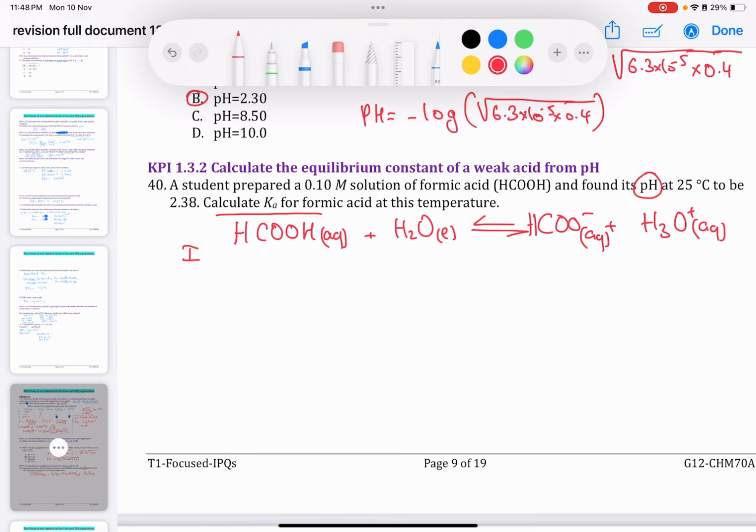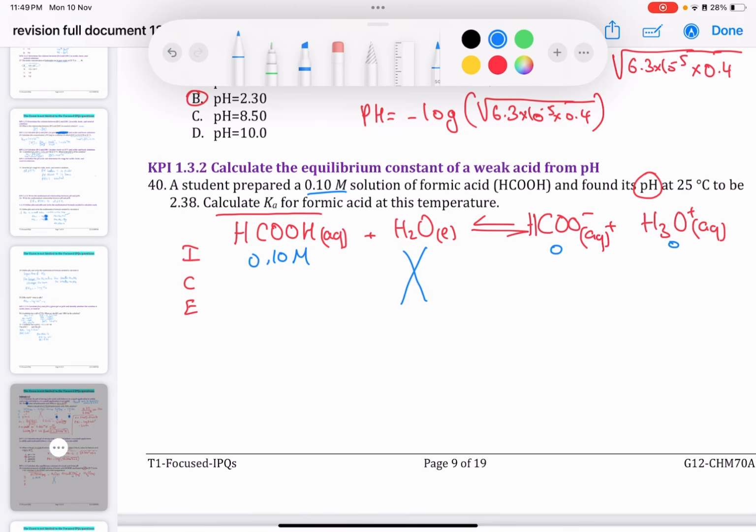This is initially, change, and equilibrium. So we have 0.10 initially. We don't have HCOO minus and H3O plus yet. We're not going to write anything under H2O.